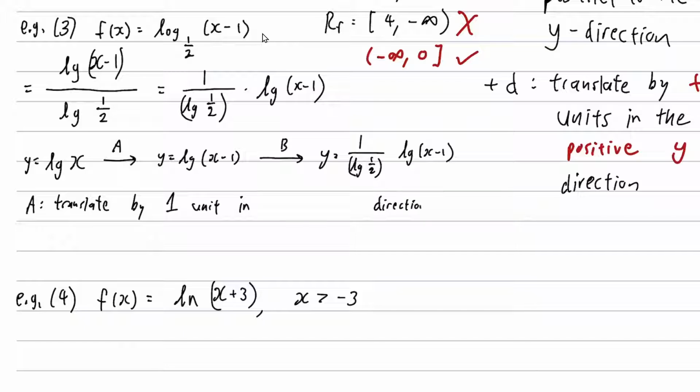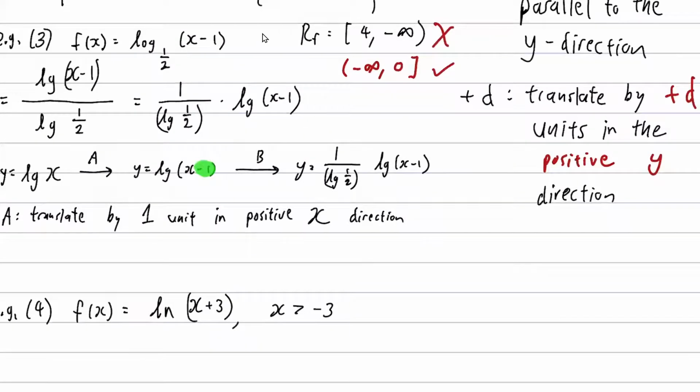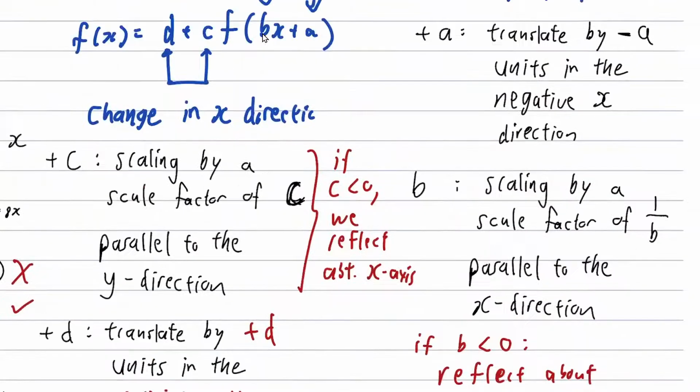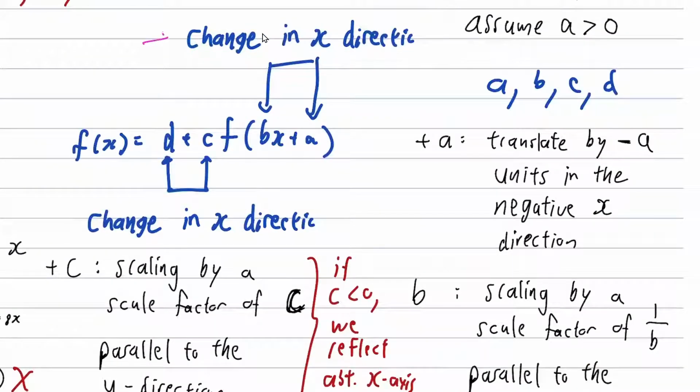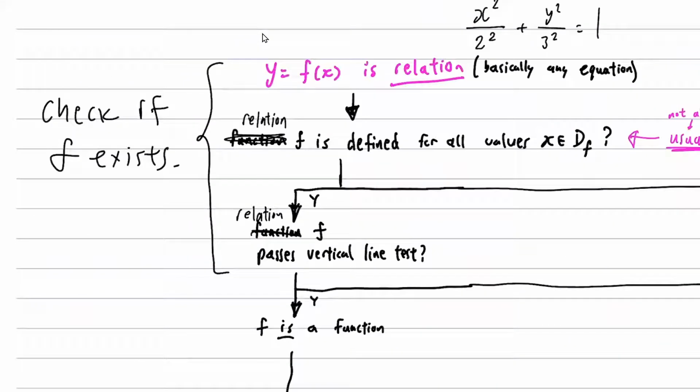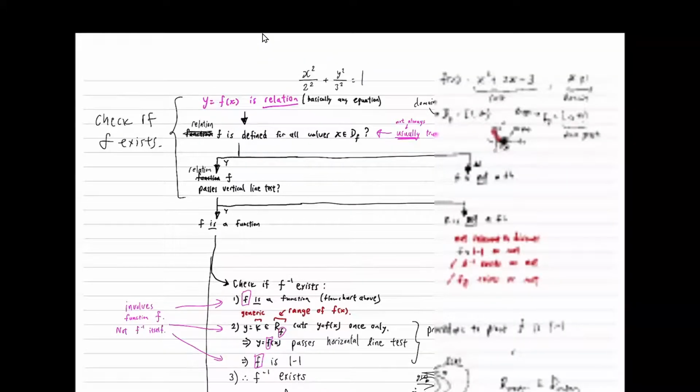Can you tell me? I think it's the positive x direction. Correct. Good. Very simple one. You see minus here for the x, right? Remember A, B, C, D. There's always the change in x direction and change in y direction. For the change in x direction, this one is very confusing. Why? Because let's go to the example here.